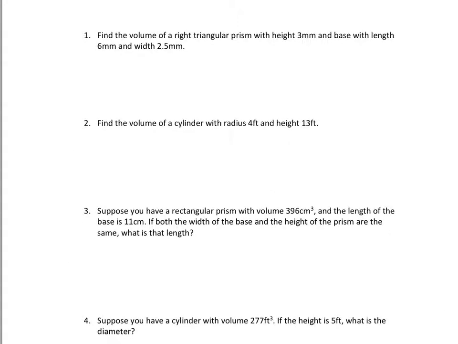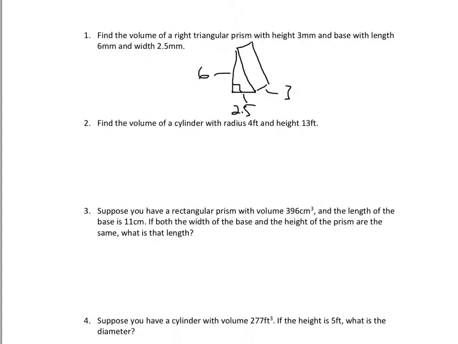Okay, so we're going to find the volume of a right triangular prism with height 3 millimeters, and the base has a length of 6 and a width of 2.5. This could look just like the one that I drew on the front. The height is 3. The length of the right triangle is 6, and the width is 2.5.